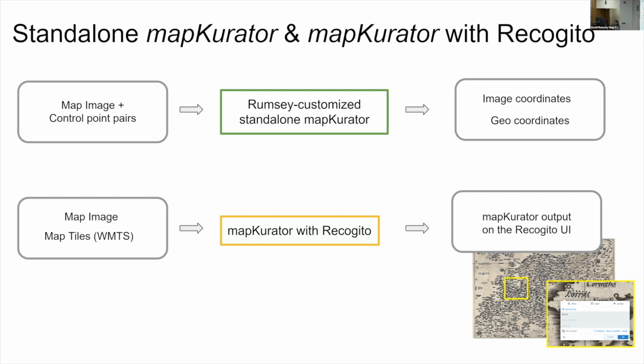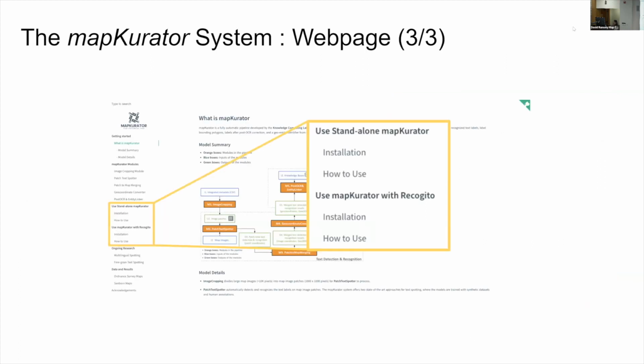And for mapKurator with Recogito, we use a map image and map tiles as input and generate the mapKurator output directly on the Recogito UI. More detailed information about standalone mapKurator and mapKurator with Recogito is well described on our webpage.